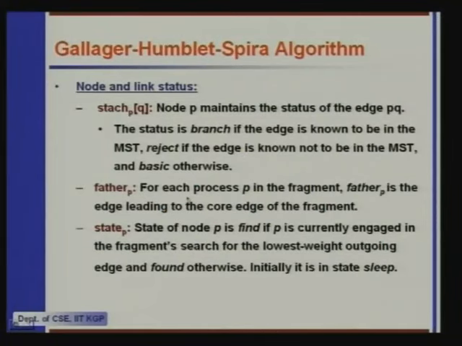Further P, for each process P in the fragment, is the edge leading to the core edge of the fragment. Now, let us understand this thing, that the algorithm is working by joining fragments, and when we join fragments we always refer to a core edge of the fragment.